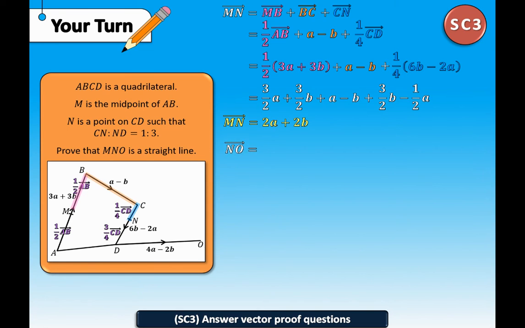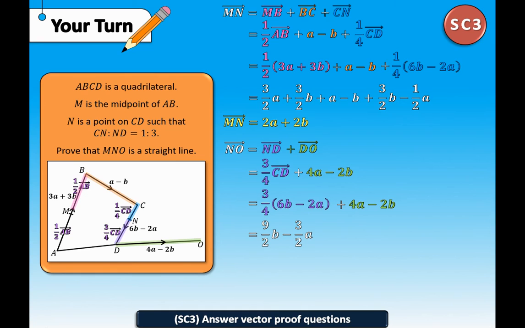Now we need to work out NO. So NO is ND plus DO. Well, ND is 3/4 of CD. So we need to work out what CD is. CD is 6b minus 2a.